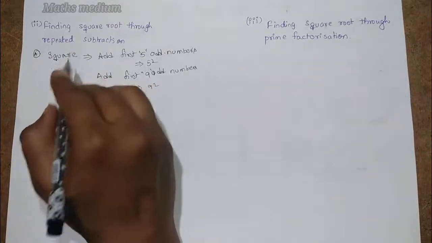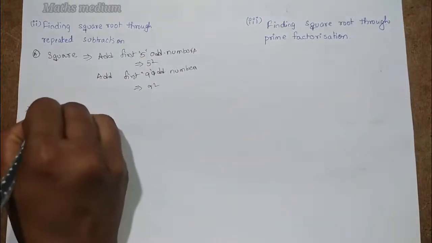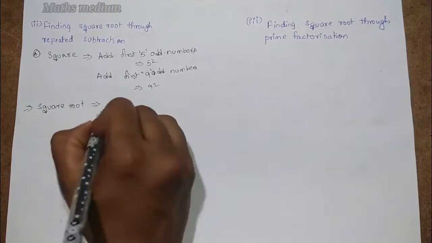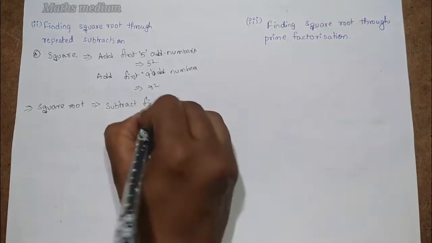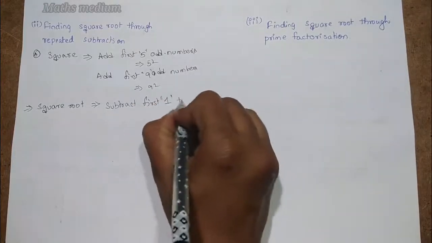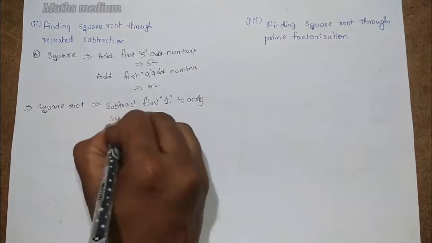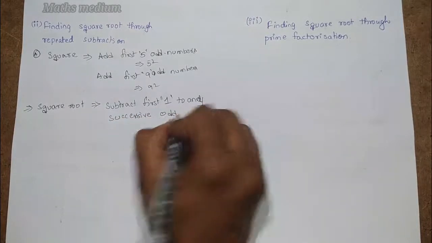We know that square is opposite to square root, right? So in a square root, how can we say it: subtract first 1, then successive odd natural numbers.